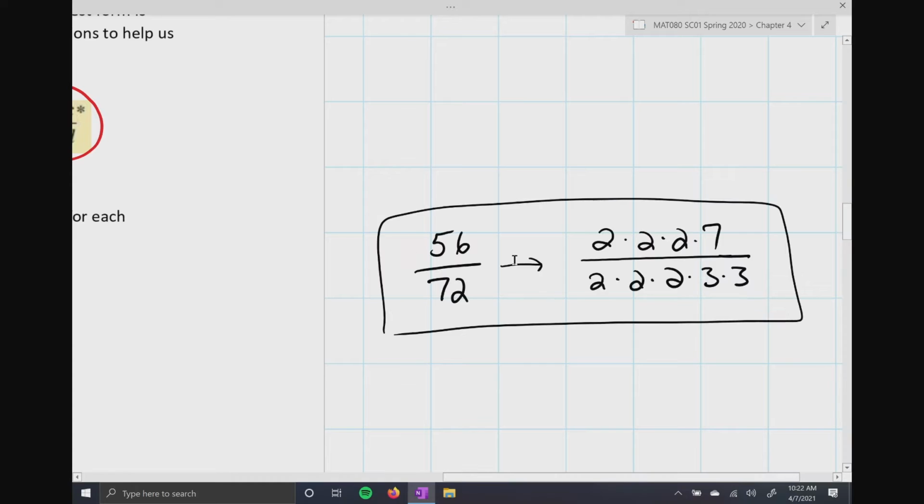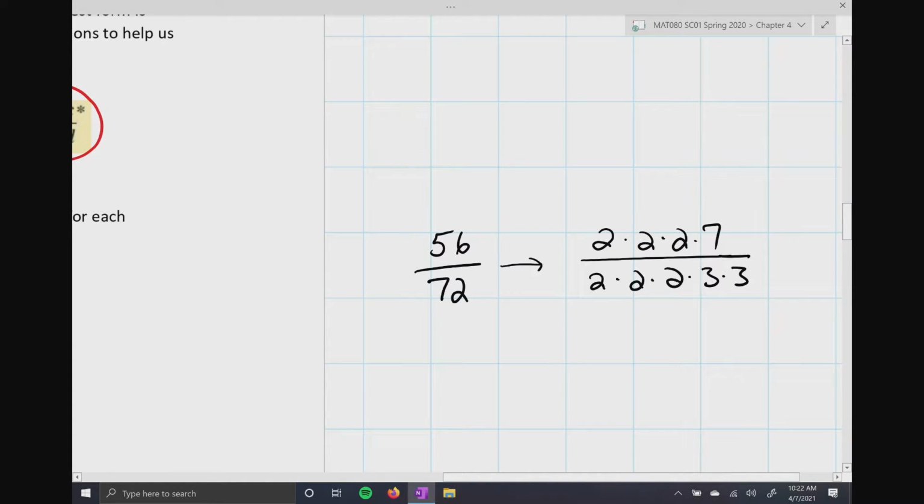Here we go. All right, so first things first. Notice I wrote the prime factorizations. Well, I didn't. You did, because you gave me the answers. You gave me the prime factorizations for 56 and 72. My goal is to break this down into its simplest form.